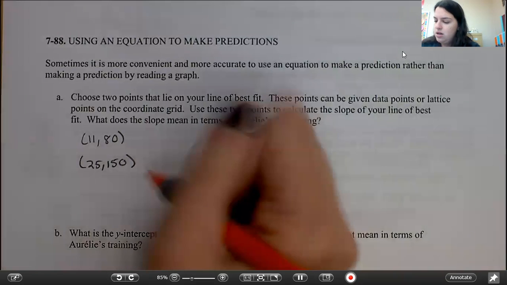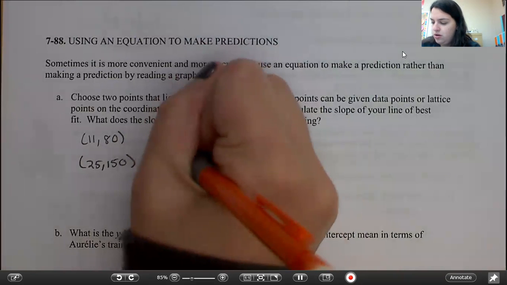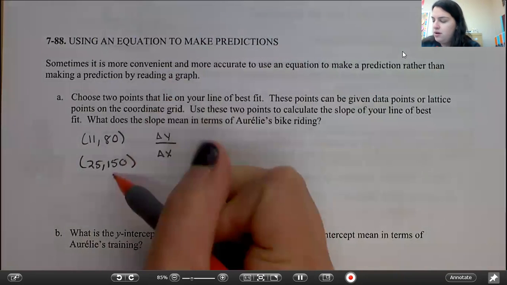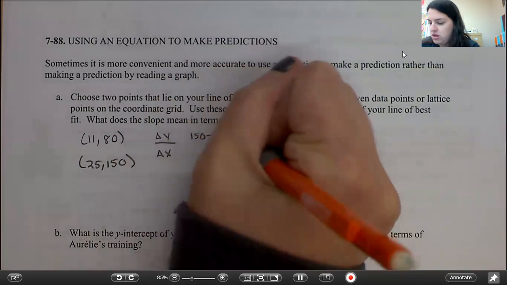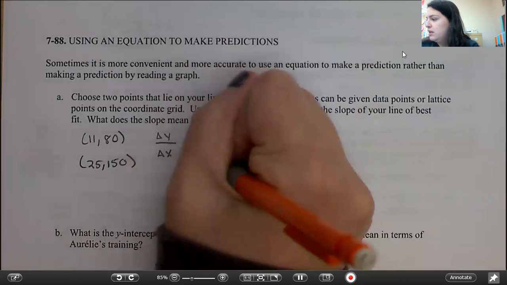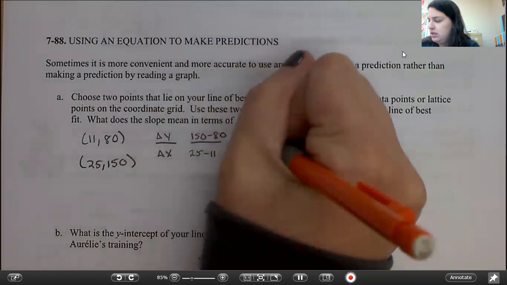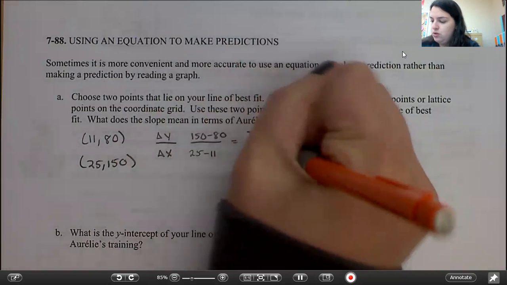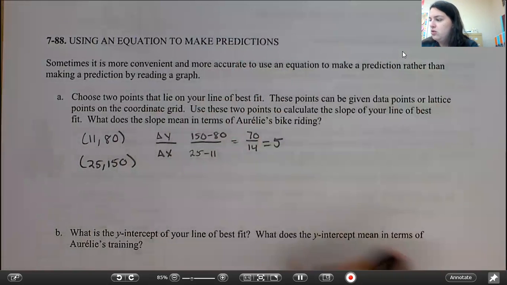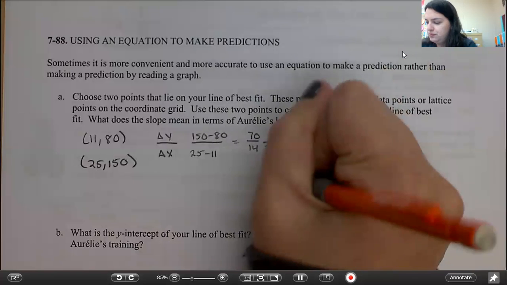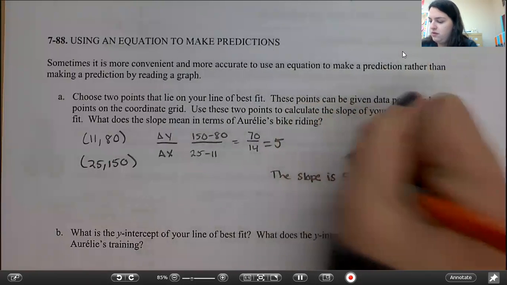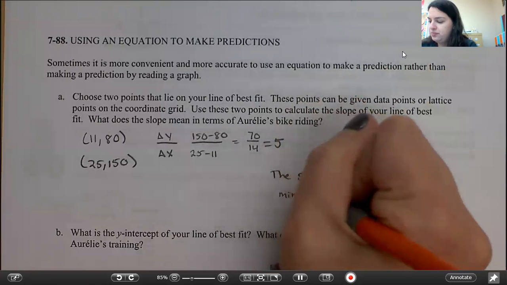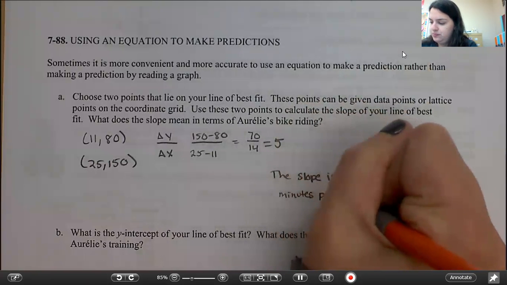So if you've done this, your change in y over your change in x: 150 minus 80 over 25 minus 11, which would be 70 over 14, which gives you 5. So your slope is 5 minutes per mile.